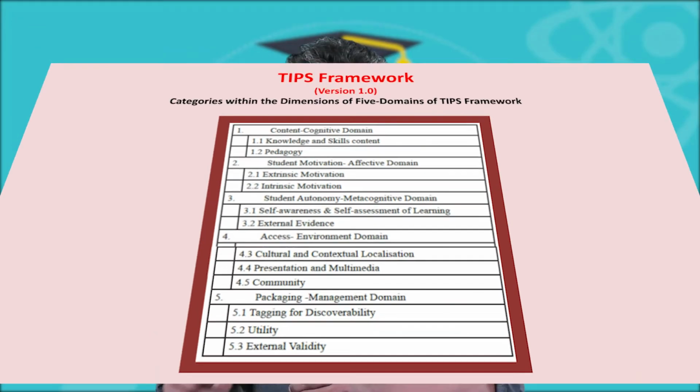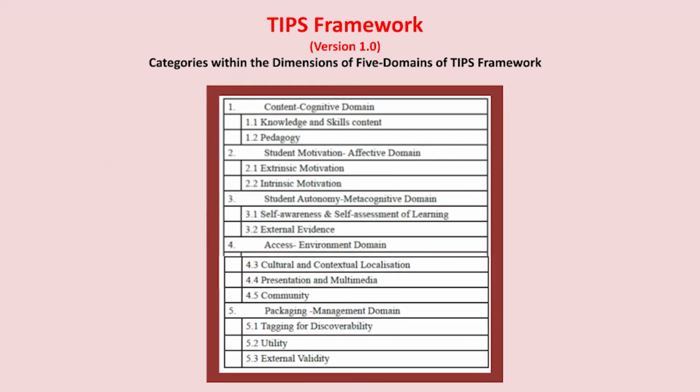Say, for example, let us take the second, as you see in the slide, student motivation, the affective domain. This is related to the affective domain of learning. So if you are developing any teaching learning resource which is an OER, then it should be able to provoke intrinsic motivation or extrinsic motivation.